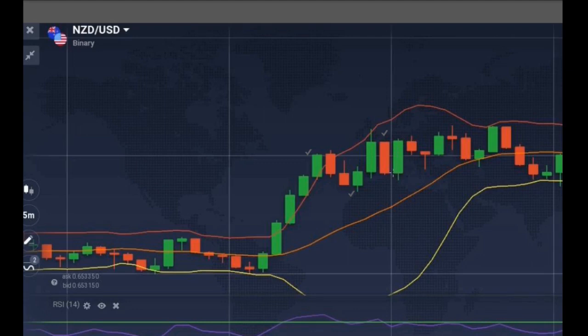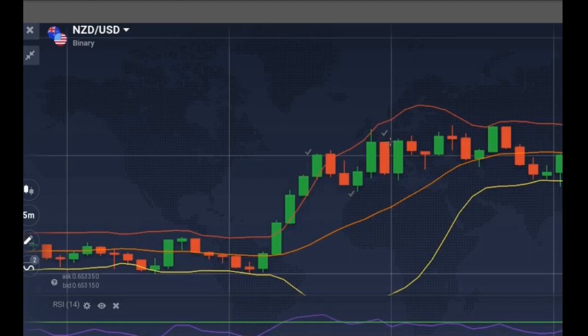So as soon as price retraces from the lower level of your confirmation candle and goes back up to the upper body of your confirmation candle, you place a trade at the touch. Immediately it touches, you don't wait for the candle to close.